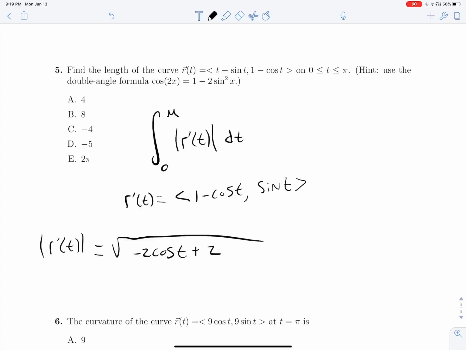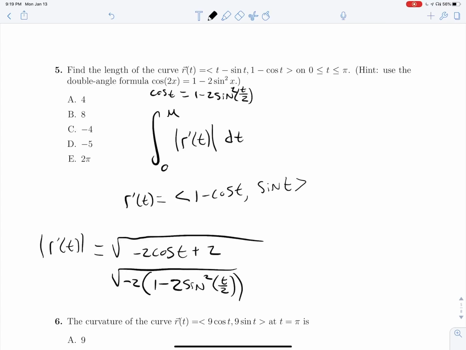So in our case, this cosine t is going to become 1 minus 2 sine squared t over 2. And so we can substitute that in. And this is going to become the square root of negative 2 times 1 minus 2 sine squared t over 2, need another parentheses there, plus 2.